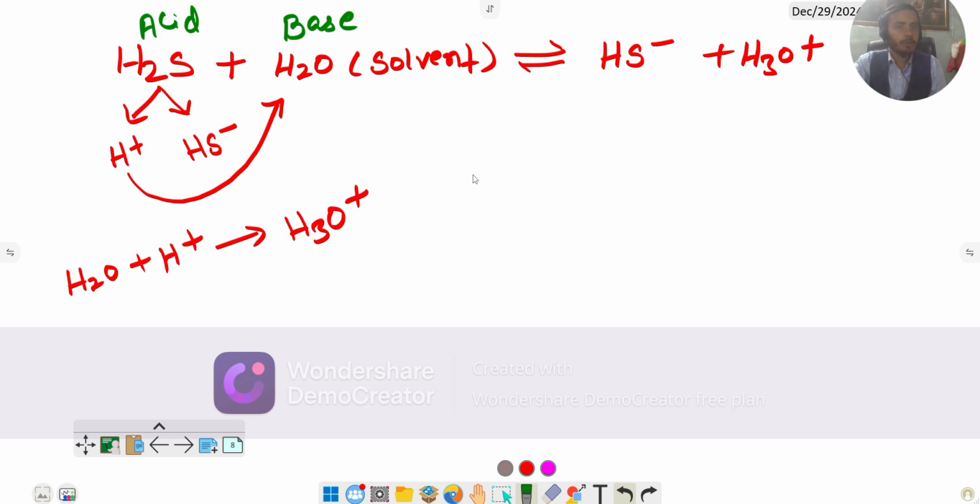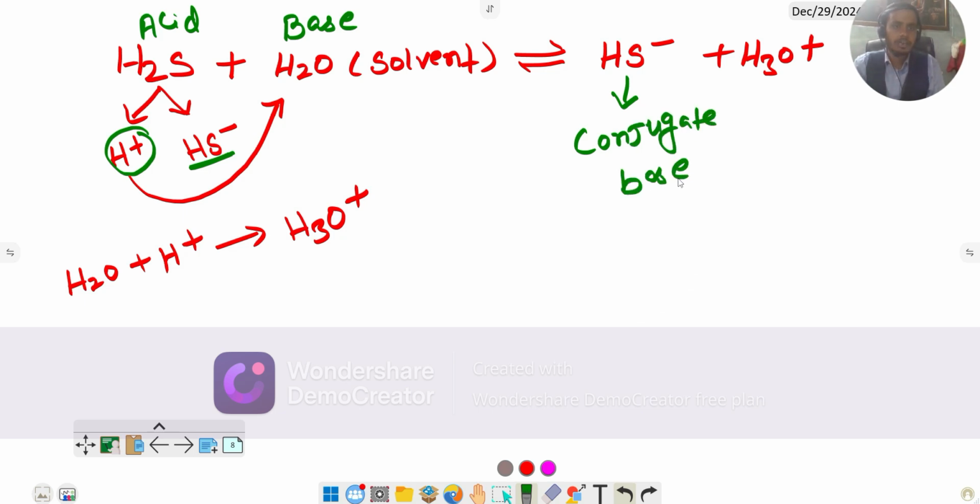Now the concept of conjugate acid and conjugate base: after donating the H plus ion, the remaining substance is known as the conjugate base. In the case of the acid, after donating the H plus ion, the remaining part is HS minus, so this is the conjugate base.